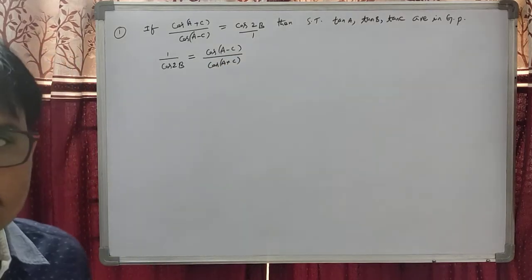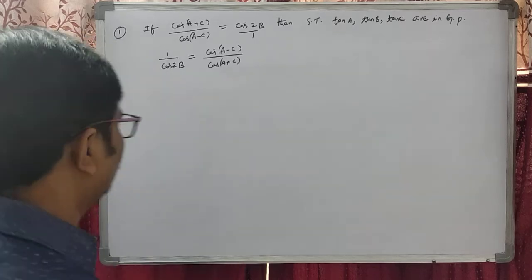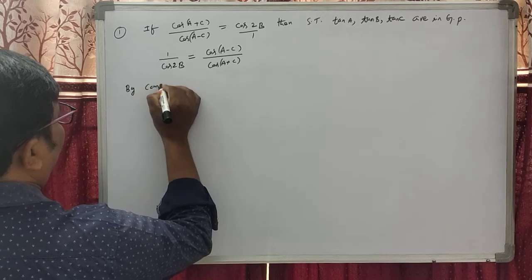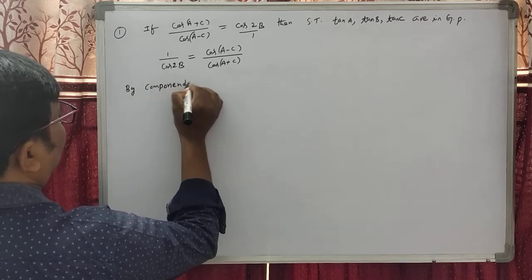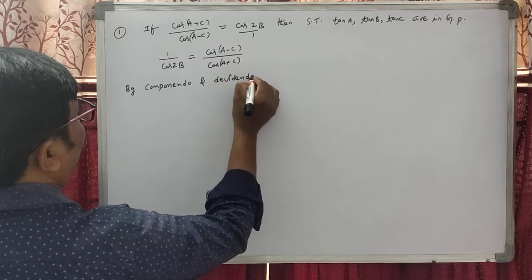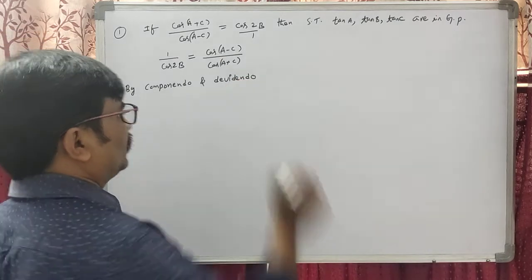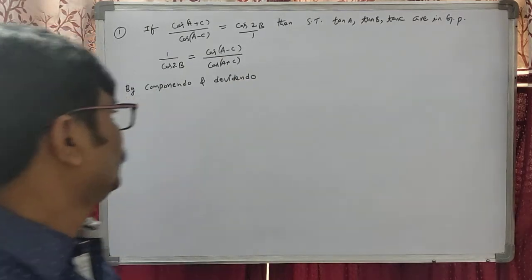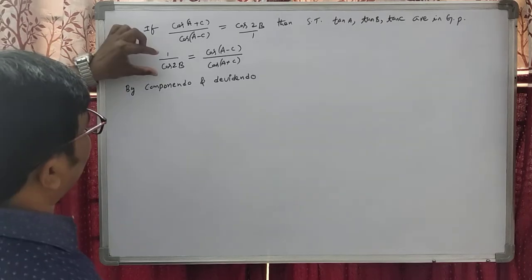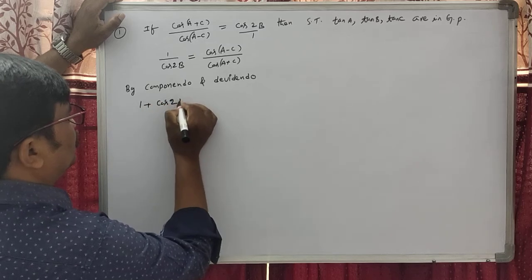Okay, students. Already I explained the method componendo dividendo. Applying it on both sides: first take plus, that is 1 plus cos 2b.